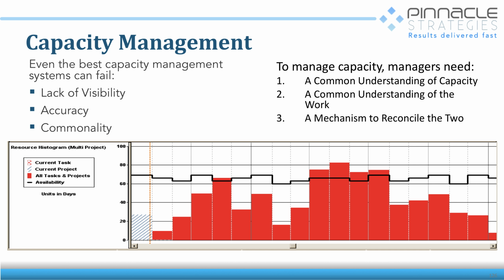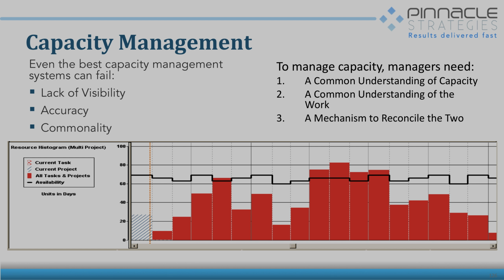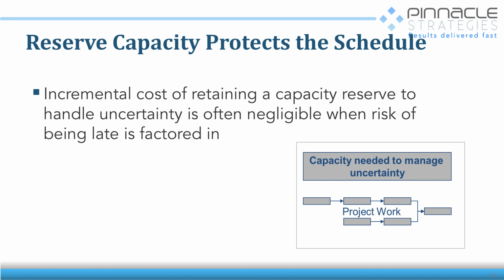Now in manufacturing organizations, you have sales and operations planning processes to accomplish this, but project organizations typically do not have this. If you've ever worked in manufacturing before, then you understand what this is about. Secondly, we start to think about reserves.